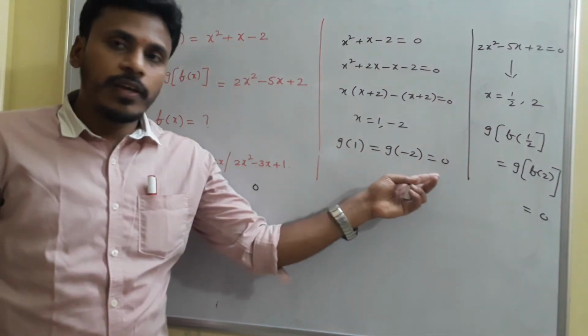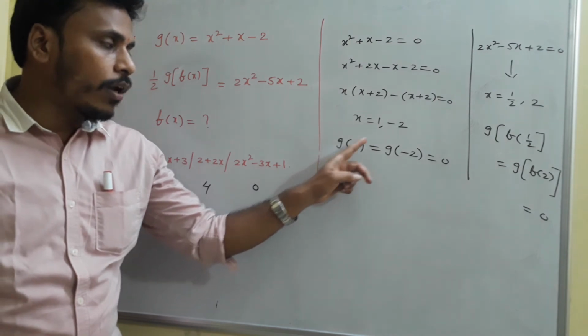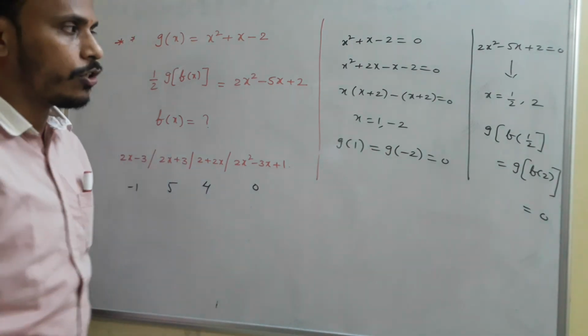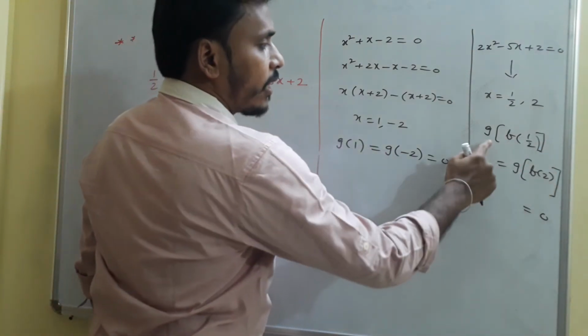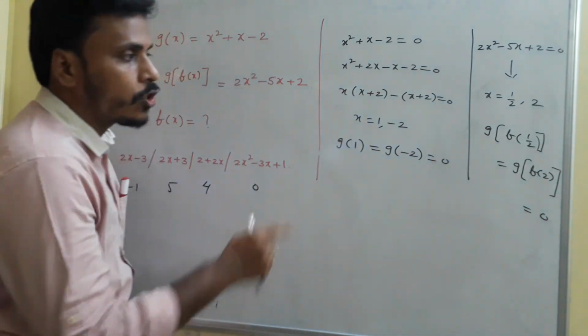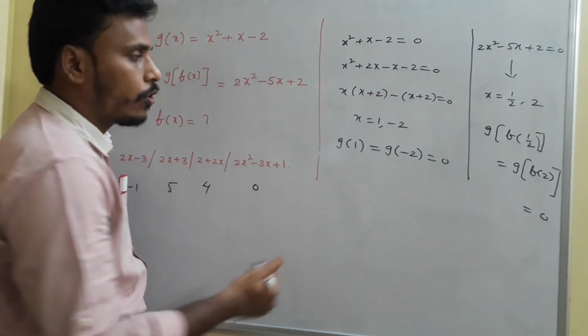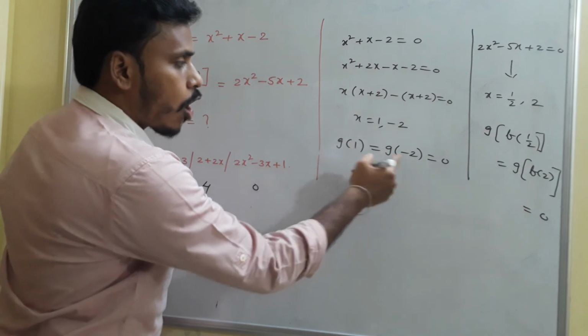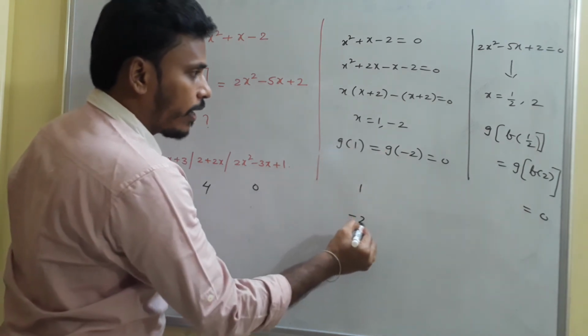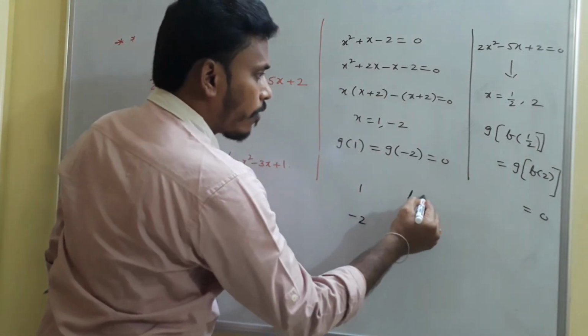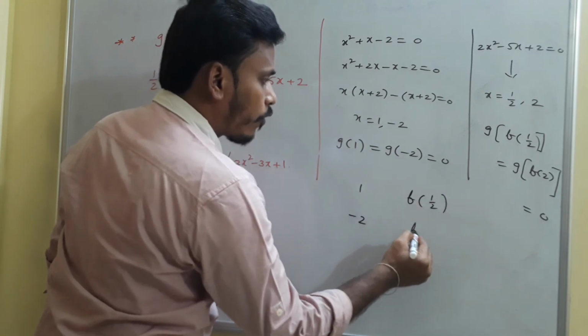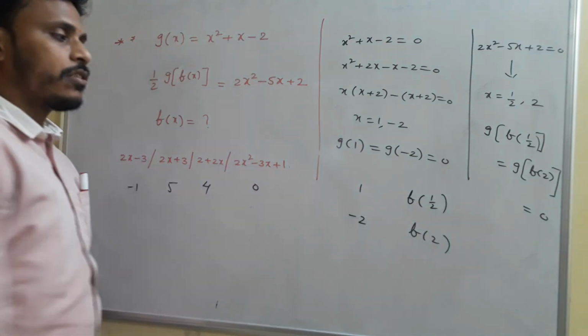As we have here, either g of 1 is 0 or g of minus 2 is 0, and from this either g of f of 1 by 2 is 0 or g of f of 2 is 0. That in the sense, here g of 1 and g of minus 2 is there, here g of f of 1 by 2 and f of 2 is there. We need to match this.